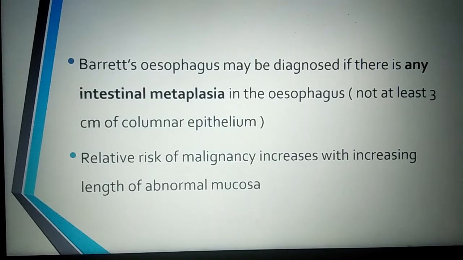Previously, it was a rule that at least 3 centimeter of columnar epithelium should be there to label any patient as having Barrett's esophagus. But nowadays, even if a small length or any tissue of intestinal metaplasia is there, we say that this particular patient has Barrett's esophagus.